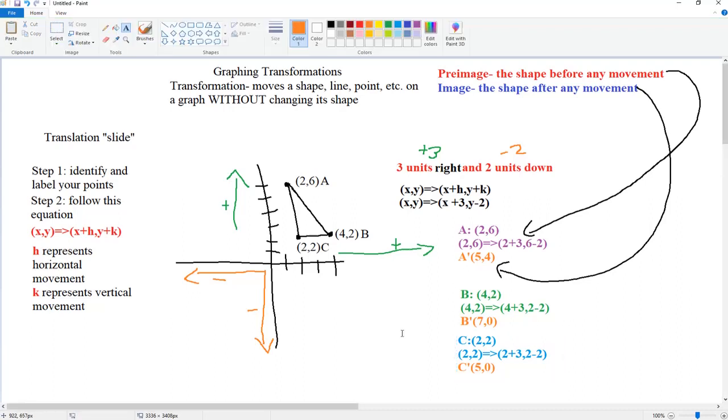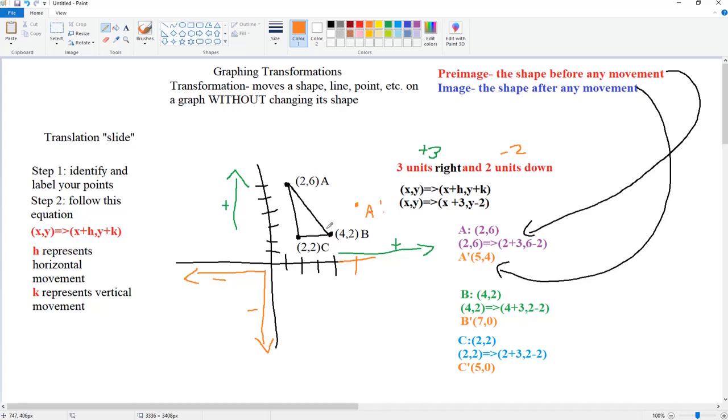So once I do that, I can graph my new shape. I'm going to do it in orange, since that's what I did for my writings. So here, I'm going to do 5, 4. So I'm going to extend this real quick. So 1, 2, 3, 4, 5. 1, 2, 3, 4. Somewhere around here. So that would be my A prime.